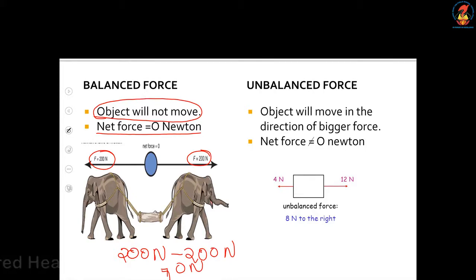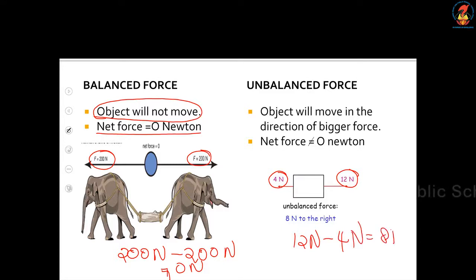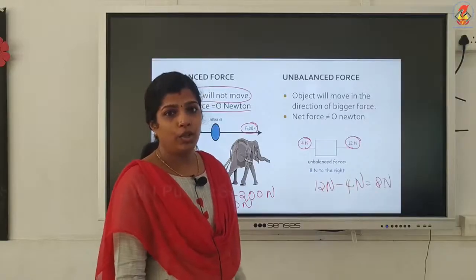Now, here two forces are acting in the opposite direction, but they have different magnitudes. So, how will you find the total force? We will take the difference of the two forces. So, that is 12 Newton minus 4 Newton, equal to 8 Newton, and that 8 Newton will be applied in the direction of the higher magnitude force.